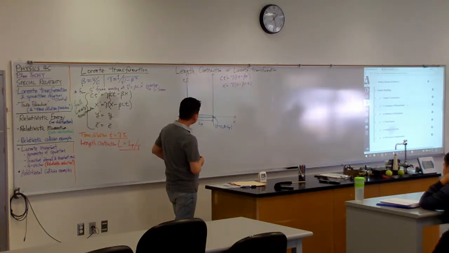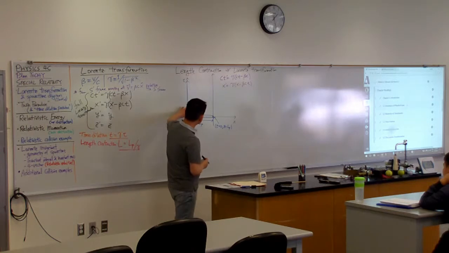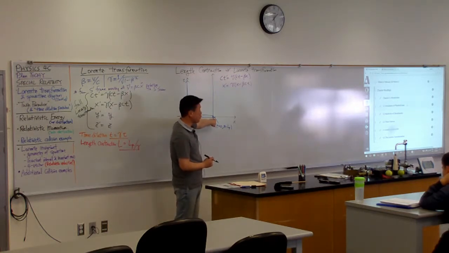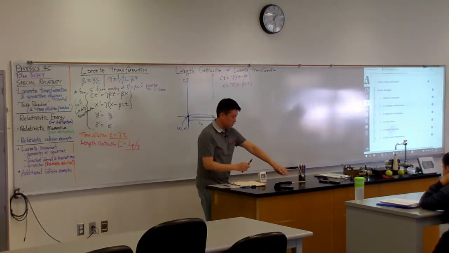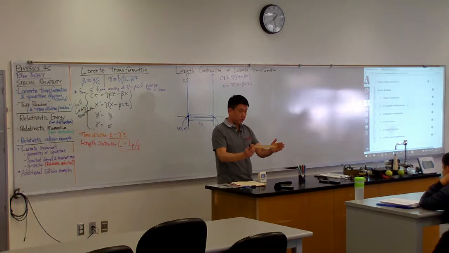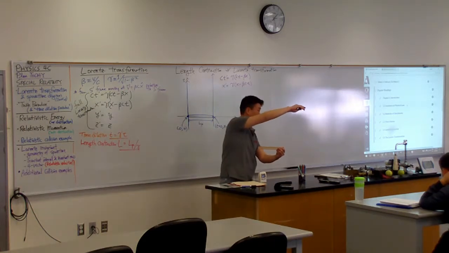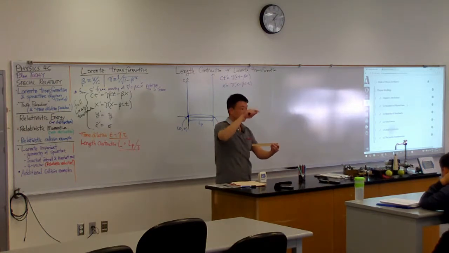I'm just going to see how this point transforms. So once again, the ruler is staying stationary. You have to imagine that you are in the frame that's zooming by at speed v. And as you are moving, you are measuring the length of the ruler.